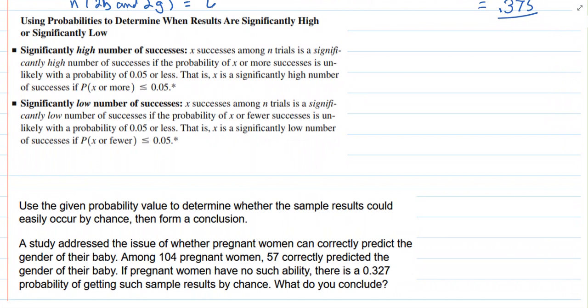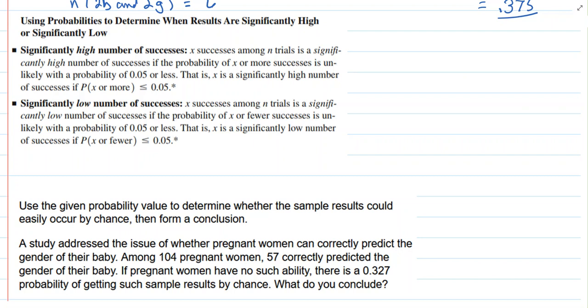All right, so now we're saying information about very important aspects of what we've done so far. And these are both to determine if the results are significantly high or significantly low. And this leads to what I started with in this lesson.